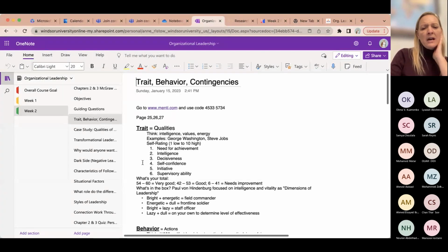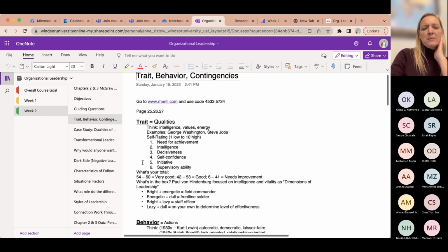I did really like how the textbook brought in some examples when we look at qualities we want in a leader, like intelligence, values, or energy. Some examples they offered were George Washington or Steve Jobs.